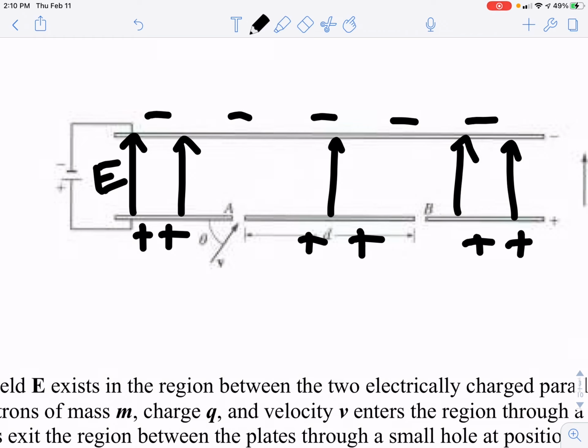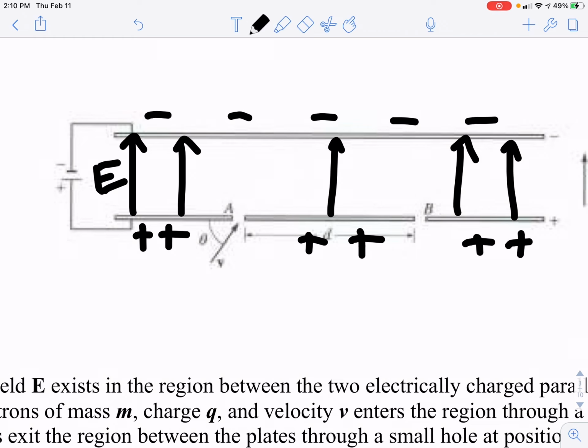Part B. Determine the magnitude of the acceleration of the electron after it's entered the region between the plates. Well, if I see this, my first thought is Newton's second law. Newton's second law tells us that the net force equals mass times acceleration. The net force in this example is the electric force. We're going to set that equal to ma.